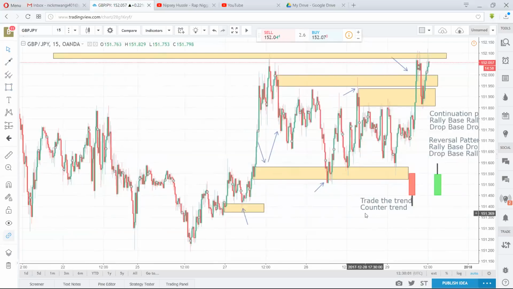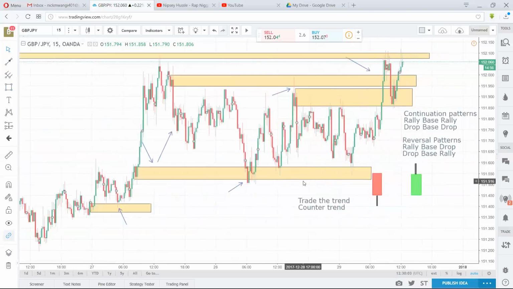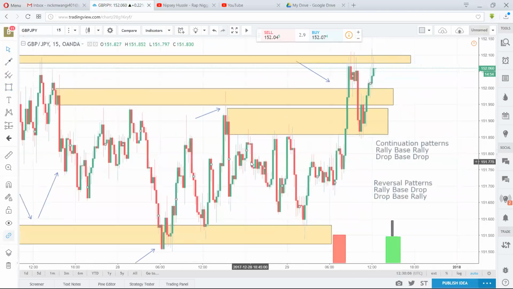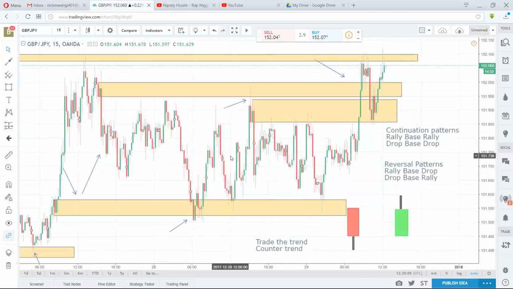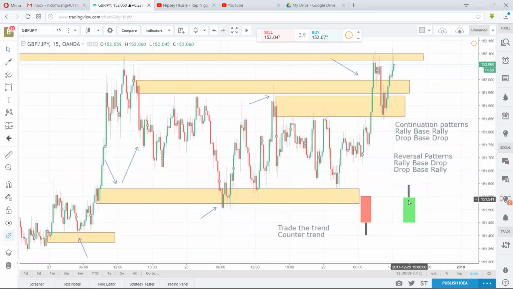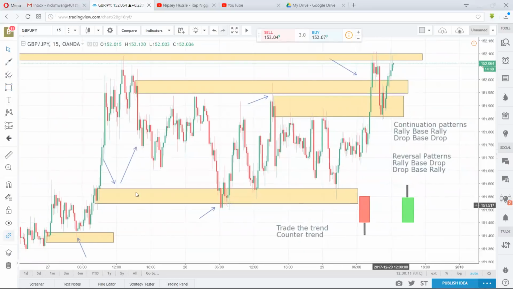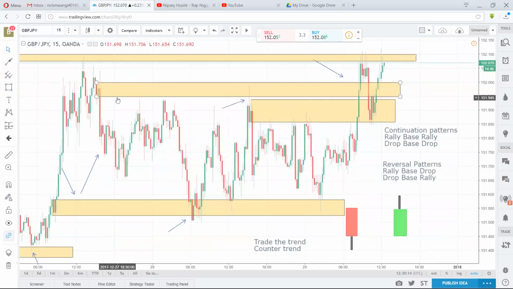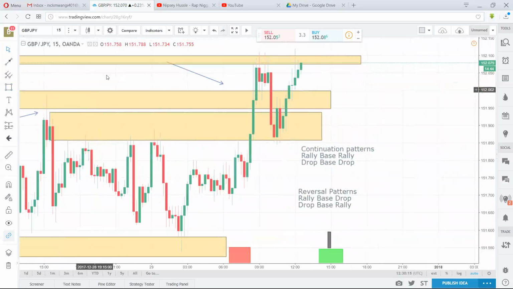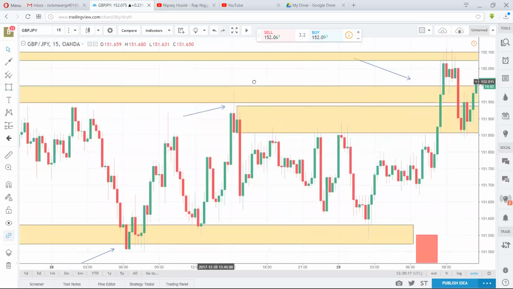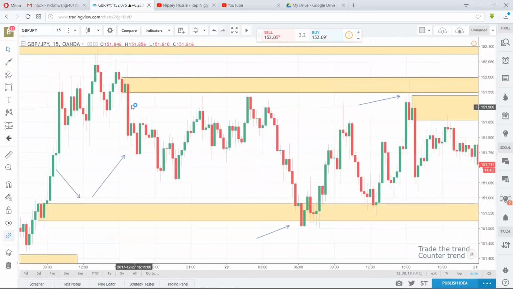So that's counter trending. Okay, so in this example now, I hope you guys have understood how we've drawn the zones. Here, we used this candle. I hope you guys can see the candle that I used.